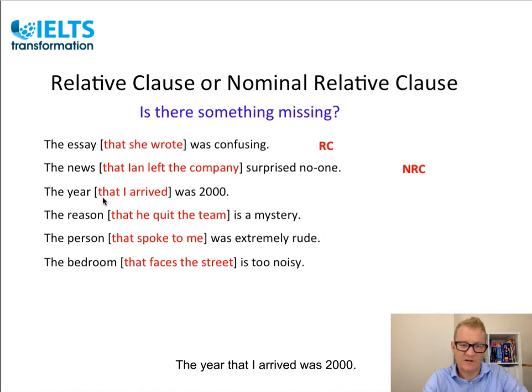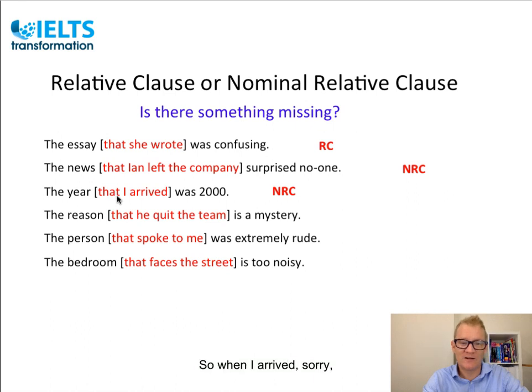The year that I arrived was 2000. The year was 2000 that I arrived. I arrived. This one's actually a bit different. We can also say the year when I arrived, but that is replaced.